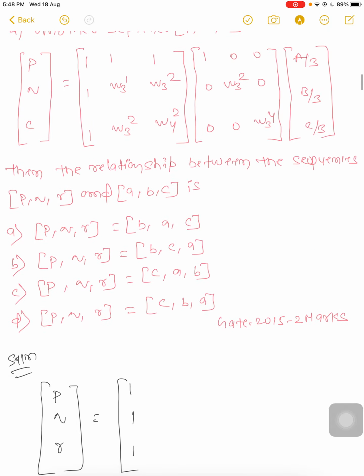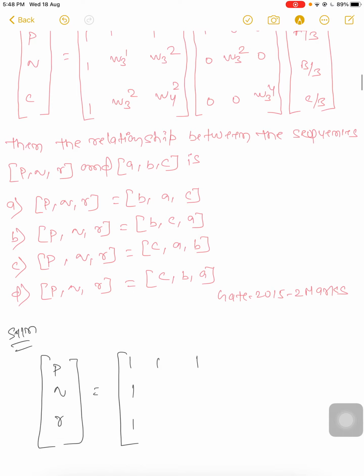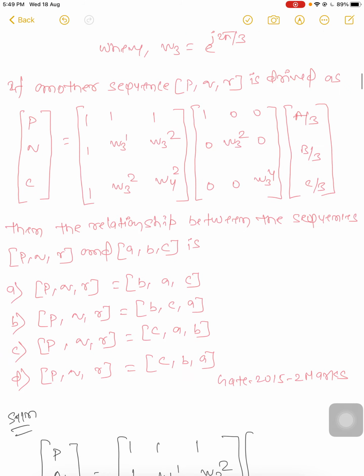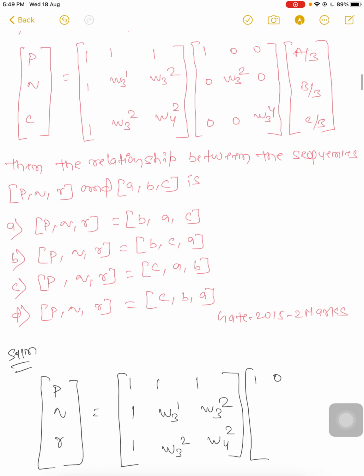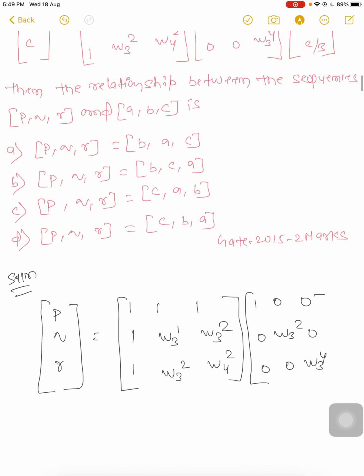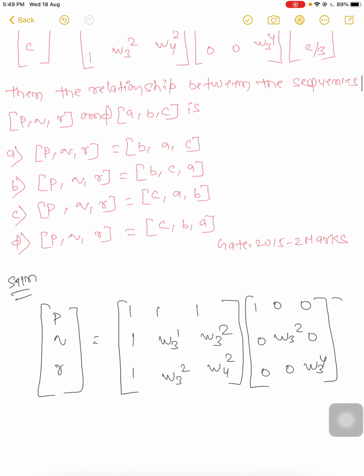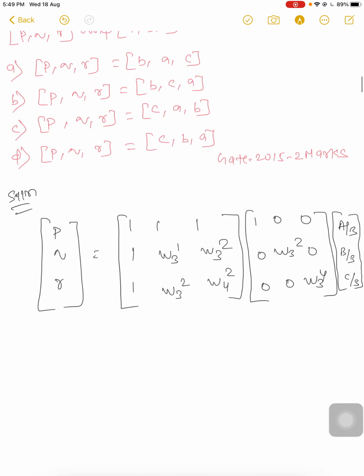First write the question: the matrix 1 1 1, 1 W3 W3^2, 1 W3^2 W3^4, multiplied by the diagonal matrix with 1, W3^2, W3^4, times A/3, B/3, C/3.